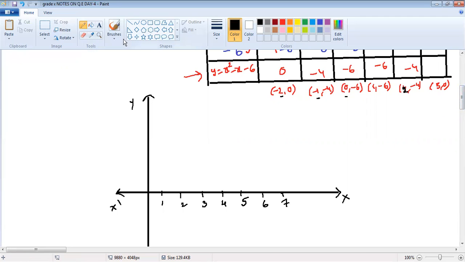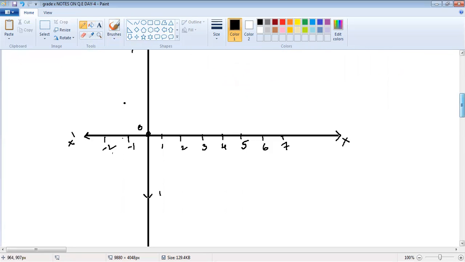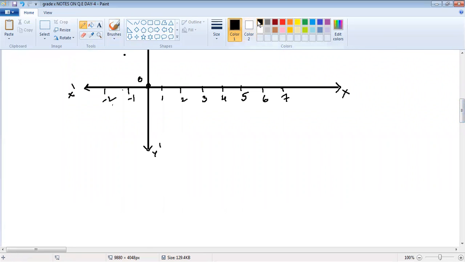Are you understanding, Vaibhav? Then y values you see here: 0, minus 4, minus 6, minus 6, minus 4, 0. So it is going down totally.